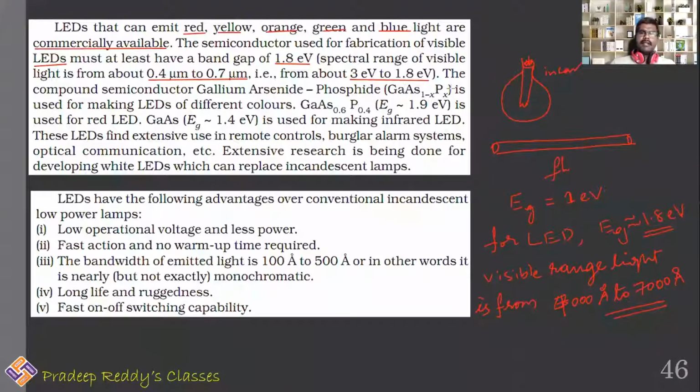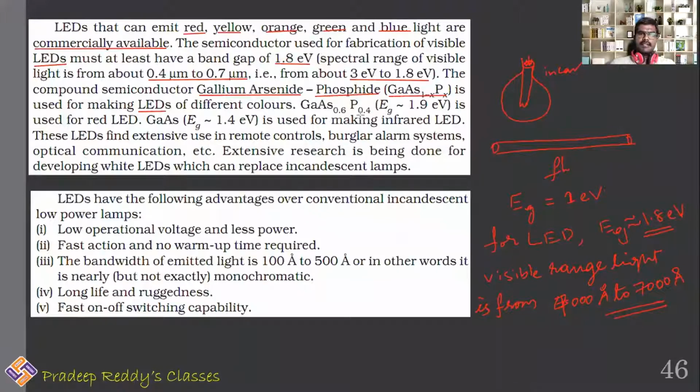An LED can be manufactured from a compound semiconductor device. Generally, it is gallium arsenide phosphide, which is used in making LEDs of different colors.